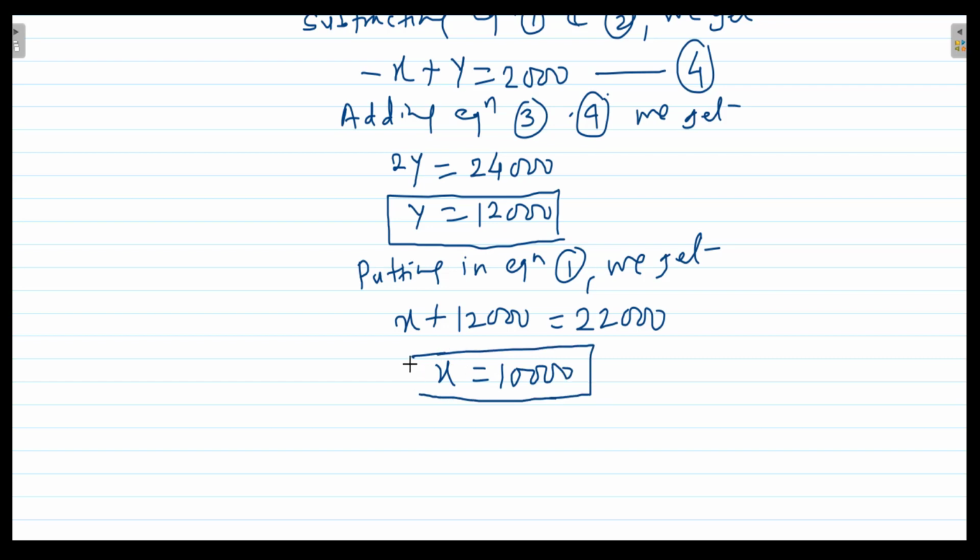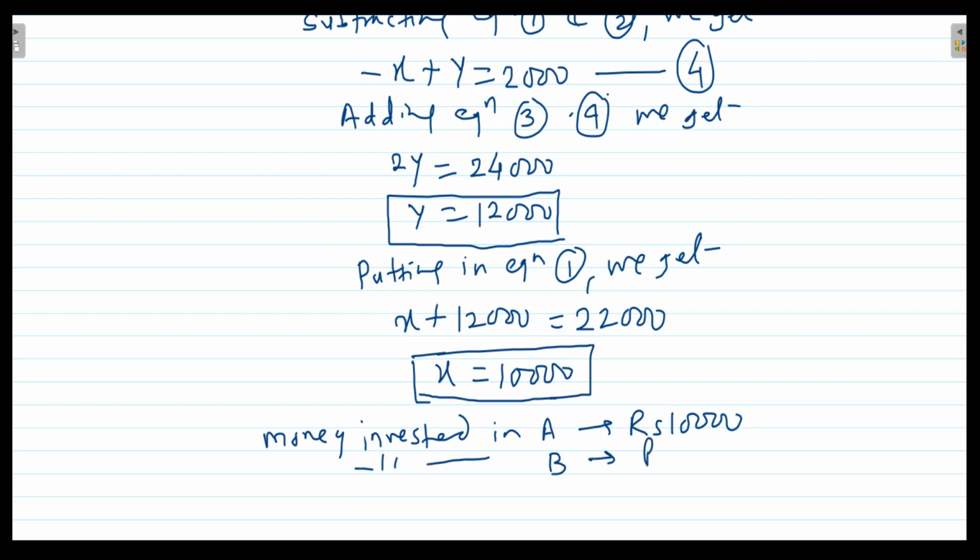You have got the value of x, highlight this, and at the end write the answer: the money invested in scheme A is rupees 10,000 and the money invested in scheme B is rupees 12,000.